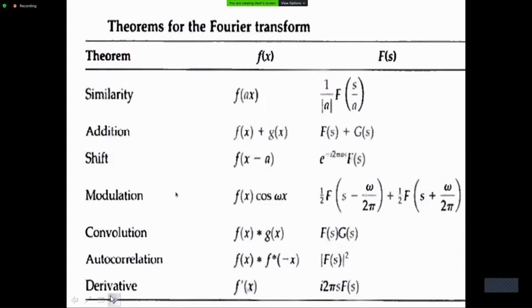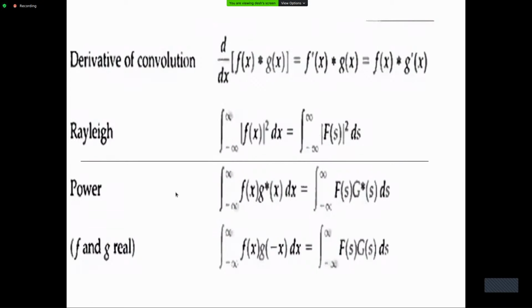These are additional things. If you take a derivative of the function, you will find it acquires an extra term proportional to the coordinate in the Fourier domain. I will not go into this except to highlight one of the things that you will notice: since it's a product of the Fourier transforms, when you convolve two functions in one domain, the sequence in which you convolve does not matter, whether you convolve f with g or g with f.